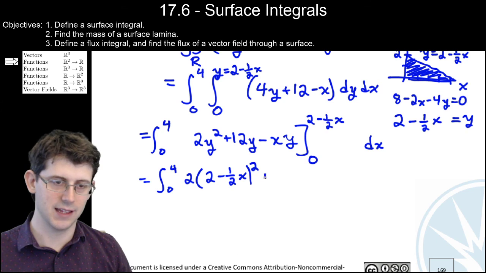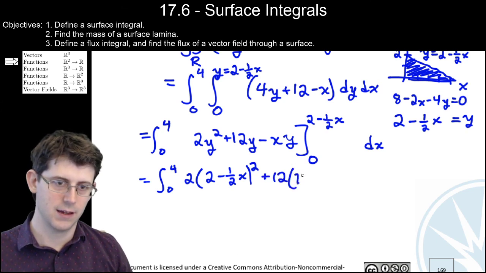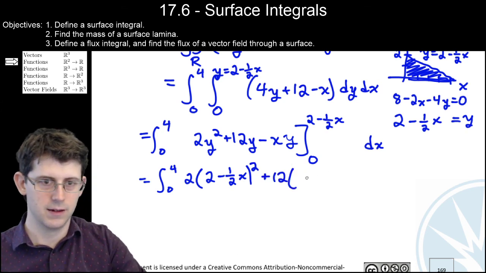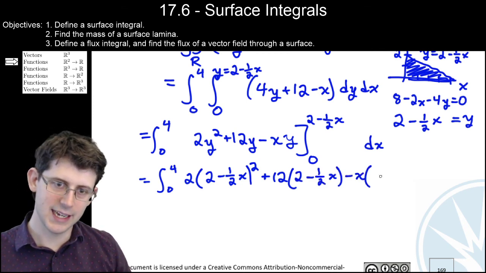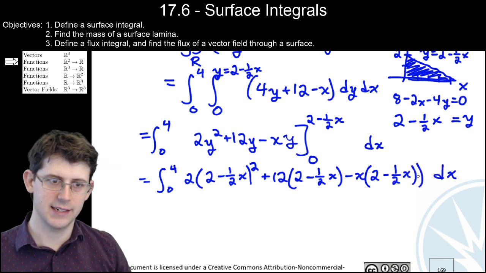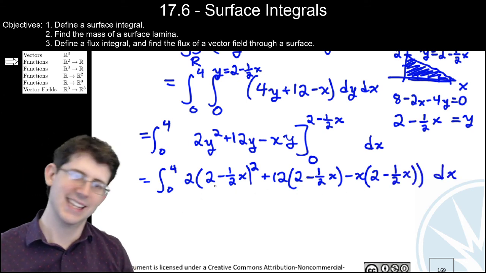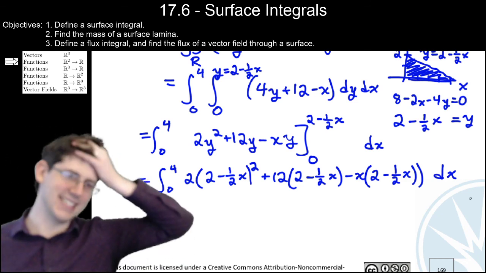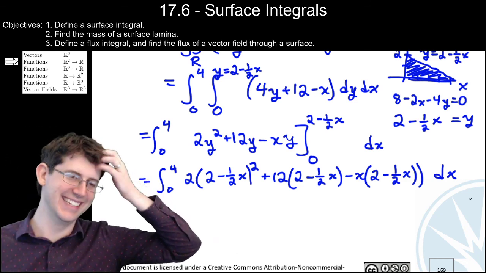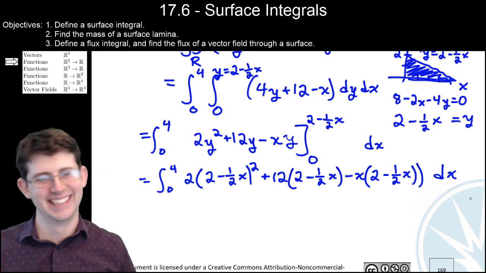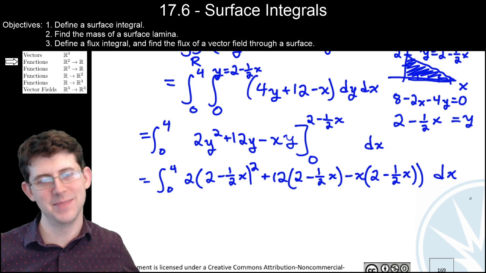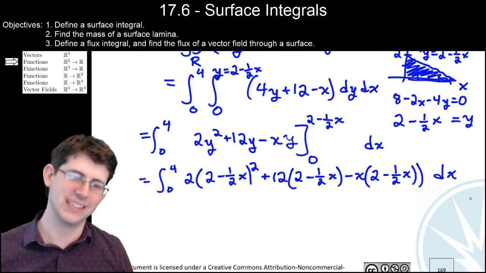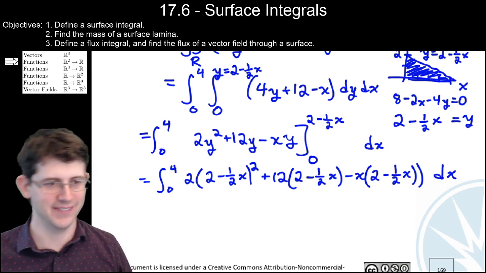Here we go again with the 12 times 2 minus half x, and then minus x times 2 minus half x. All this is dx. I don't want to do this. This is such a bad finale to the problem. The numbers are going to come out nice too, because it's all like 2s everywhere. Whatever, we'll just do it.